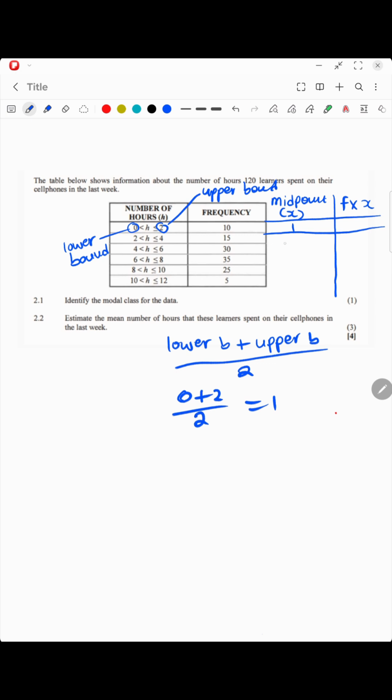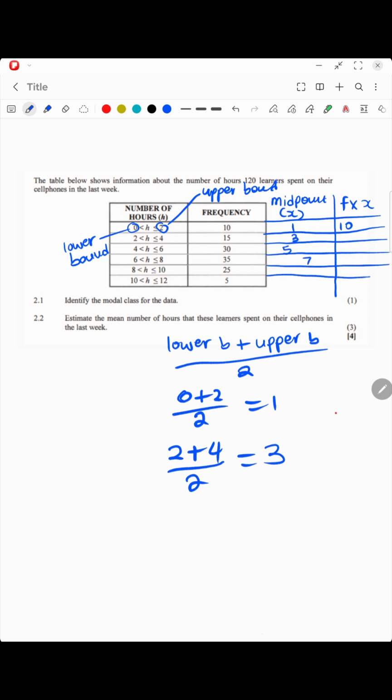Then frequency multiplied by the midpoint will be 10 multiplied by 1, which is 10. Then for the second one, the midpoint will be 2 plus 4 divided by 2, which is 3. Then we will have 3 here. We will have 5 here, 7, 9, 11.